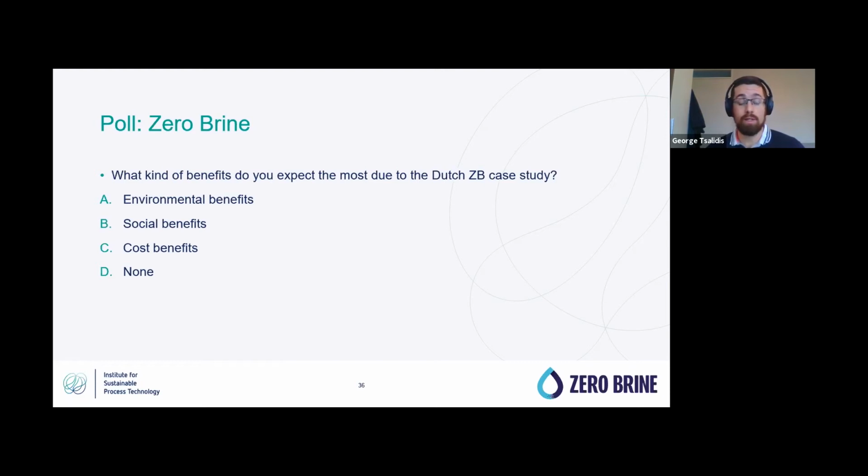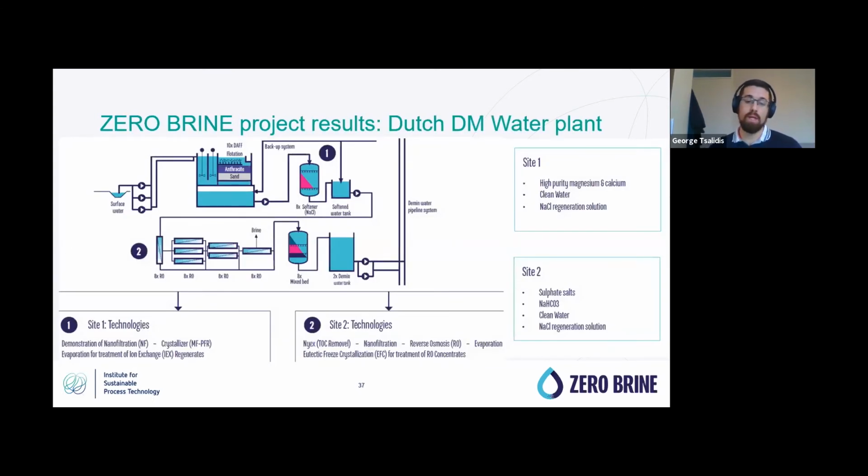And then cost benefits can be foreseen because less salt is going to be purchased from the northern part of the Netherlands. However, social benefits are also expected, and I will explain later why. It is mainly due to the magnesium hydroxide, which is going to be recovered.